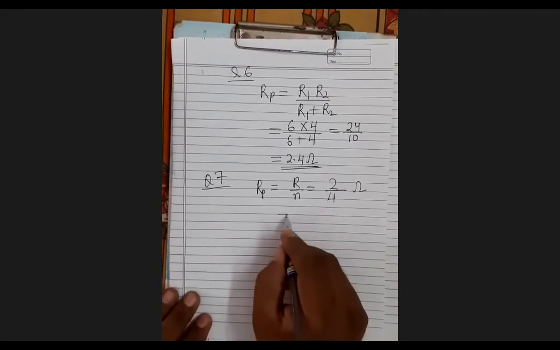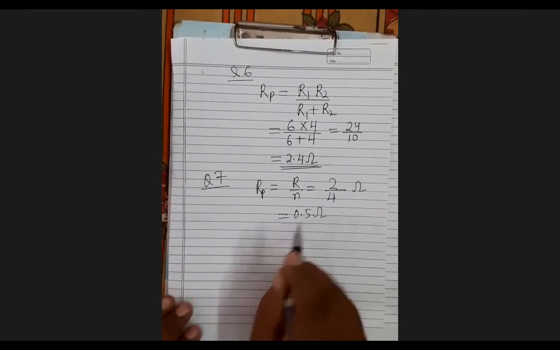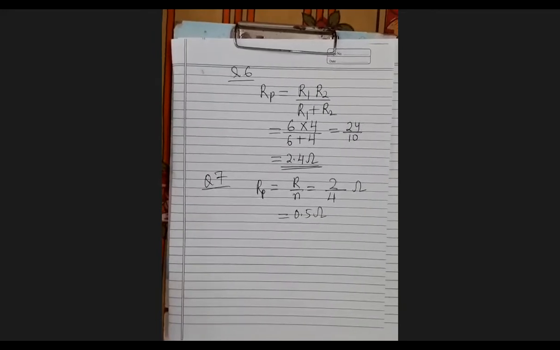So it is 2 upon 4, that is 0.5 ohm. So these questions are very simple.